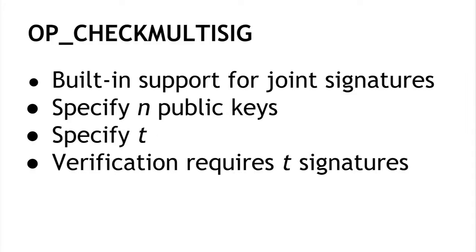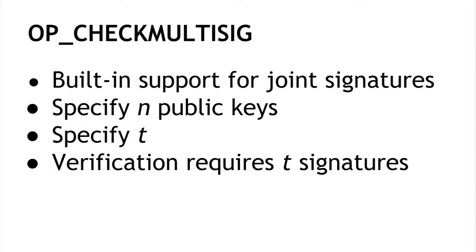That's called check multisig. So this, even more powerful than checking just a single signature with one instruction, Bitcoin actually lets you check multiple signatures with one instruction. So with multisig, you specify n public keys, and you specify a parameter t, or a threshold.